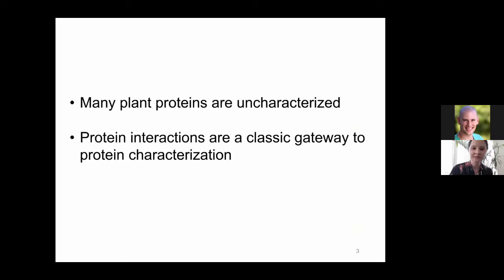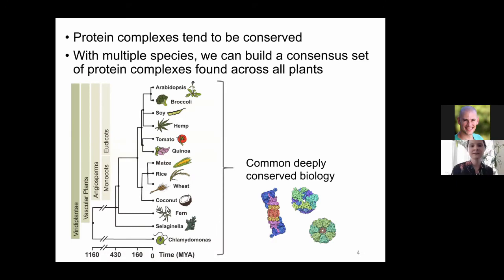Many plant proteins are uncharacterized, and protein interaction is a kind of guilt-by-association way of getting at protein characterization. If you have a protein that you know what it's doing and you find it interacting with a second unknown protein, you have a really good hypothesis for what this second unknown protein is doing. Protein complexes tend to be conserved across multiple organisms. They don't evolve or change particularly quickly, from what we can tell.